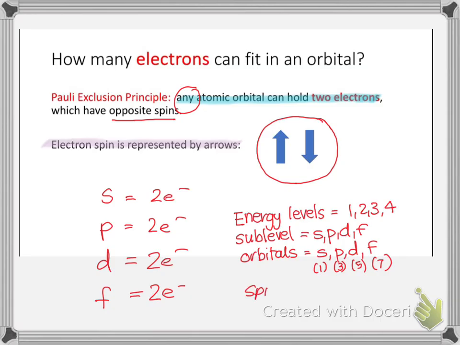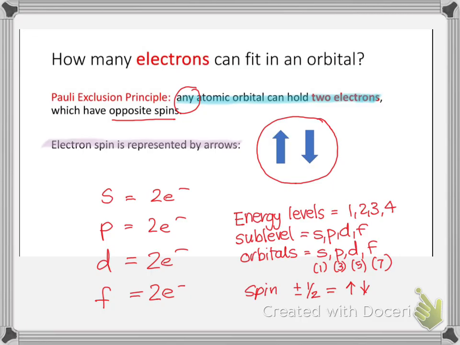And then we have spin. And spin will either be, they usually use plus or minus a half, but what they're saying is 1 is going to go up and 1 is going to go down. And from the spin, what we have to remember is that there are 2 electrons in each orbital. Okay, you've got to remember that. The up and the down thing, when we do orbital box diagrams, I'll show you the up and down thing.